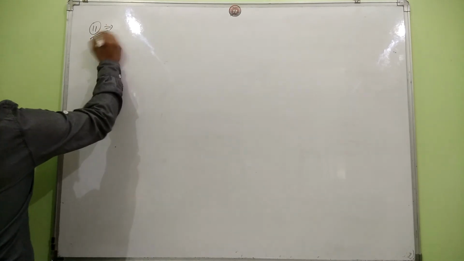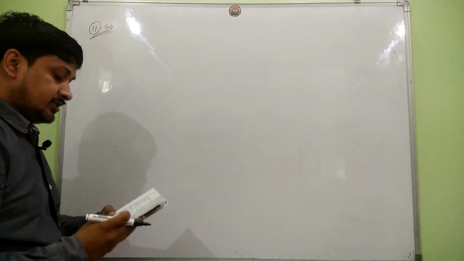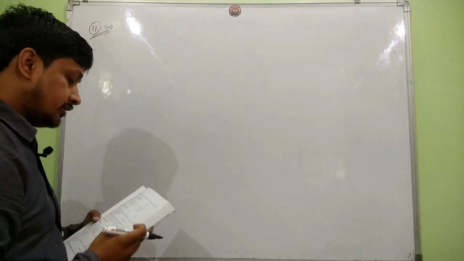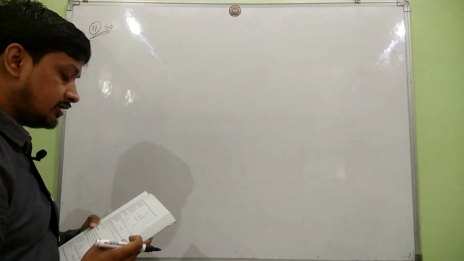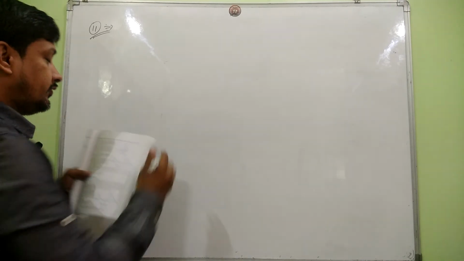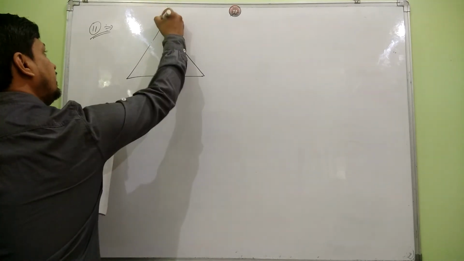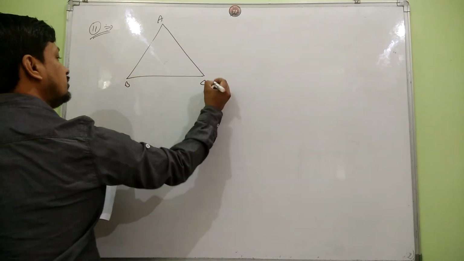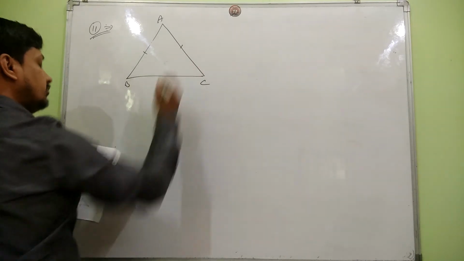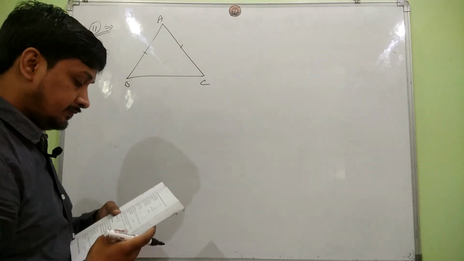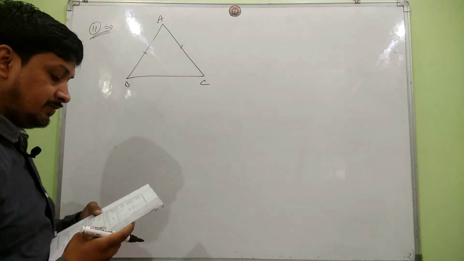Question number 11 is, in figure 6.40, E is a point on the side CB produced of an isosceles triangle ABC. So we have an isosceles triangle ABC, where side AB is equal to side AC. This side is equal to this. And E is a point on the side CB produced.